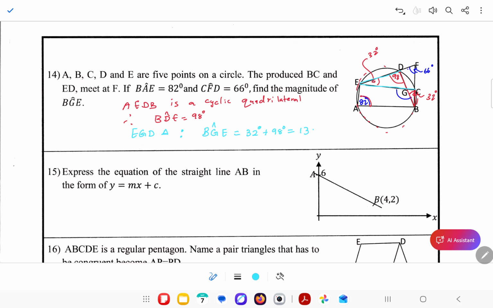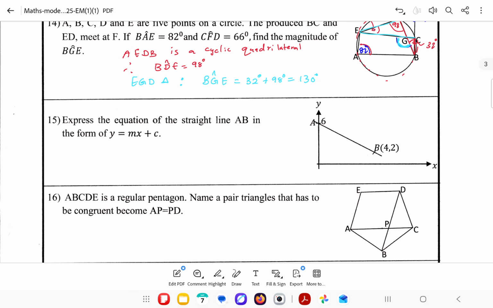So 130 degrees. So the two internal angles is equal to the external angle. So you get 130 as the answer. Right.